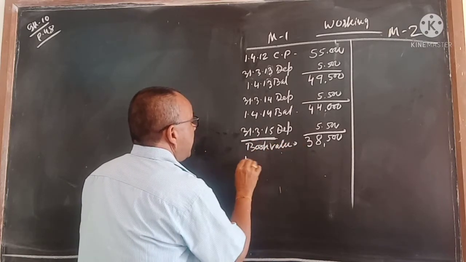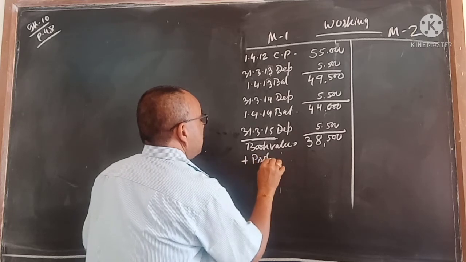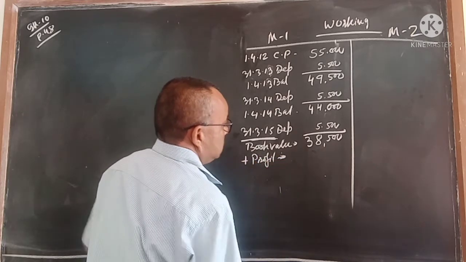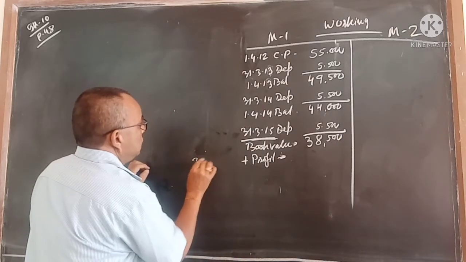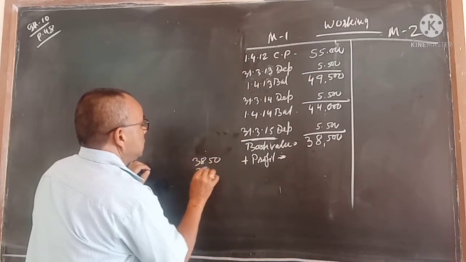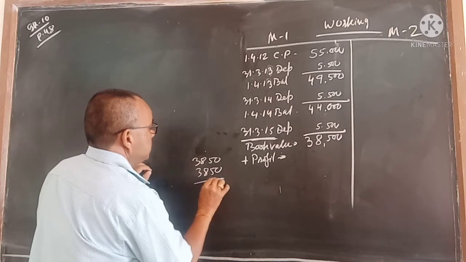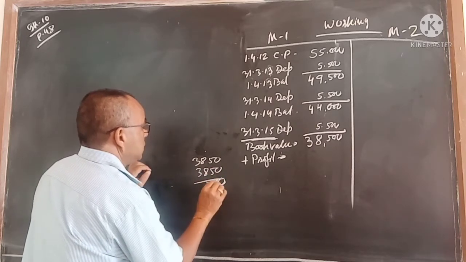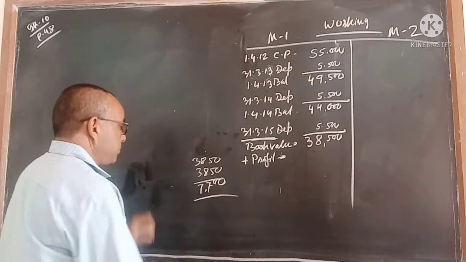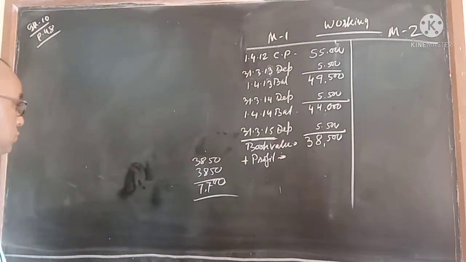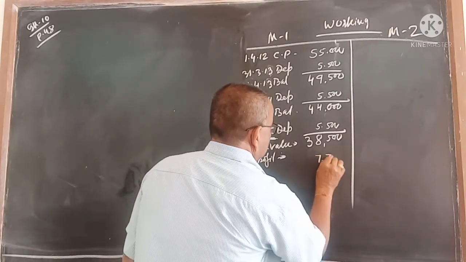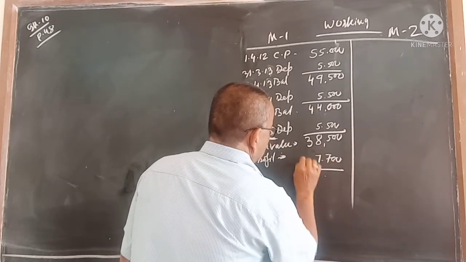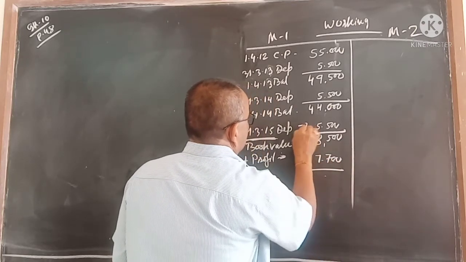And add profit of 20%. For 20% profit, how much will come? 7,700 you got the profit, and you add it. This is all minus.